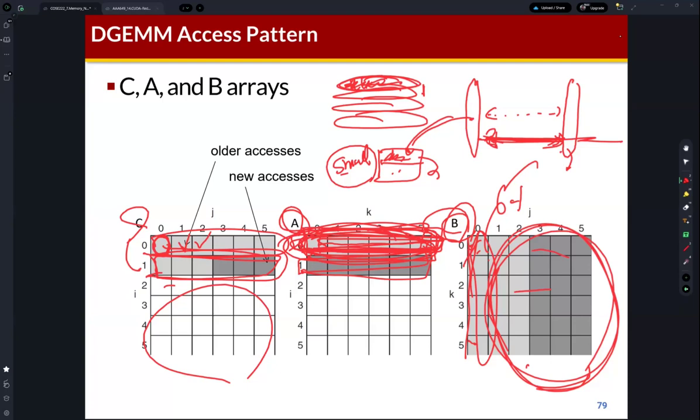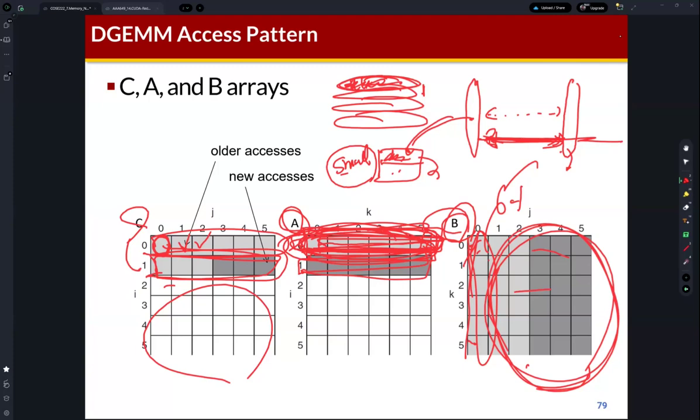So as I mentioned, the programmers cannot manage cache data, but the performance of programs can be highly influenced by the cache structure, the cache hierarchy.